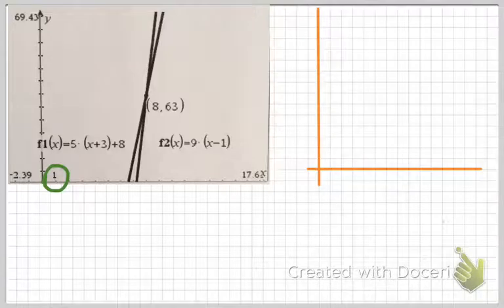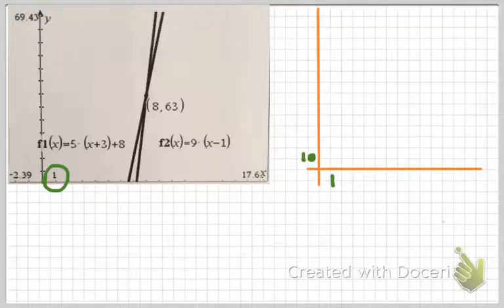So this is 1 in the first spot down here. So we're going to go to the right 8, and we need to go up 63. Well, clearly we're not going to go up 63 boxes. And you can't really tell the scale. It's not marked very well the way this screen displayed. Let's just say we're going to go by tens. So I'm going to mark this first spot as 10, and then I'm just going to count by tens from there.